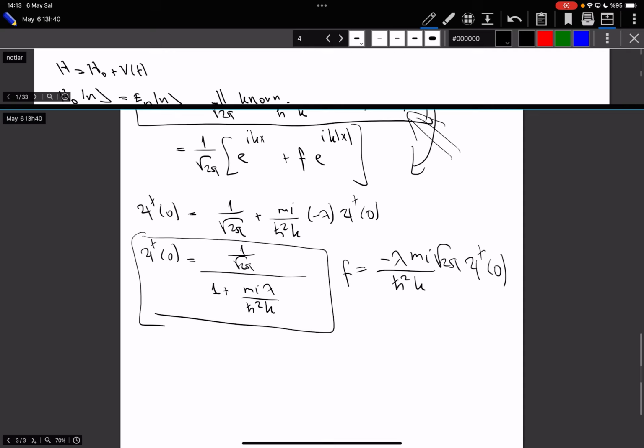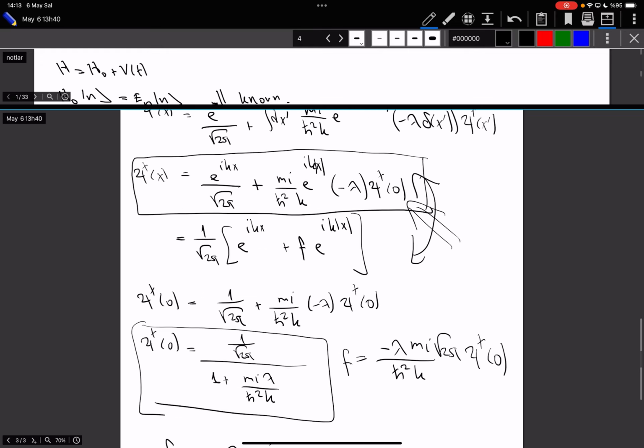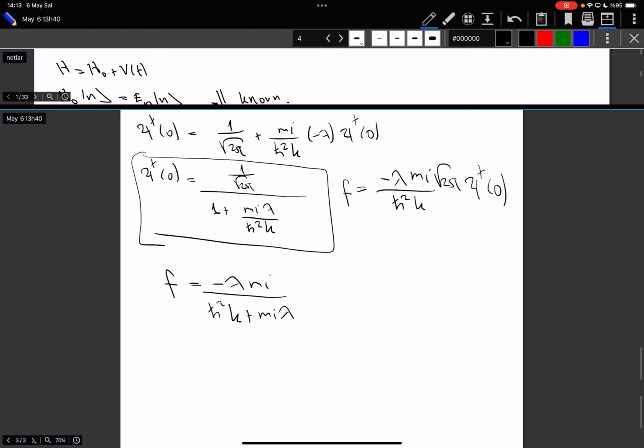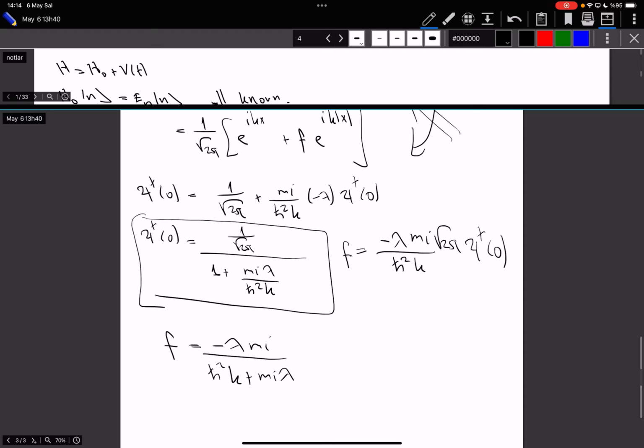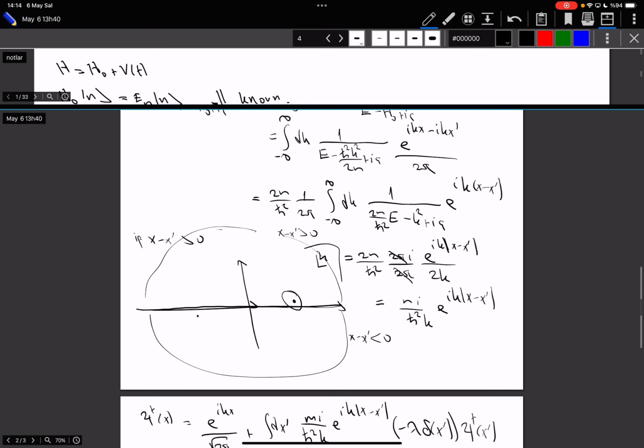Well, I now know what psi plus of 0 is, so I can calculate f: minus lambda m i divided by h bar squared k plus m i lambda. There's a minus sign over here.